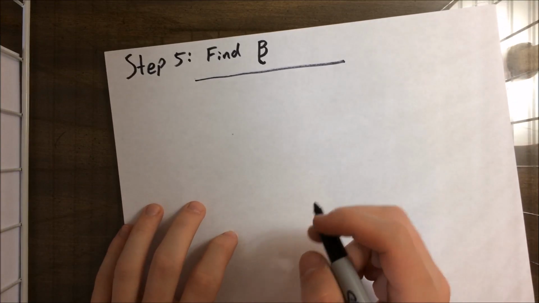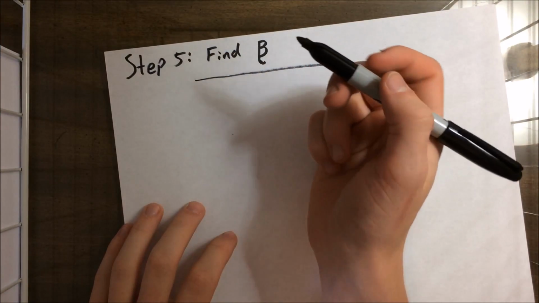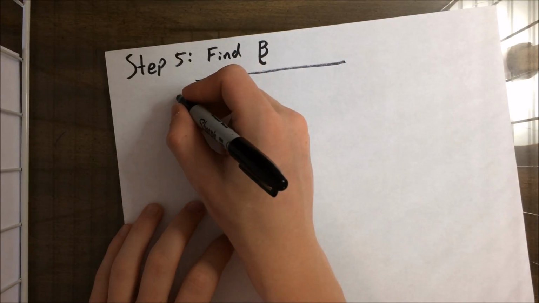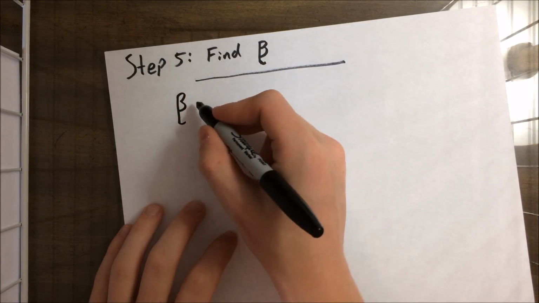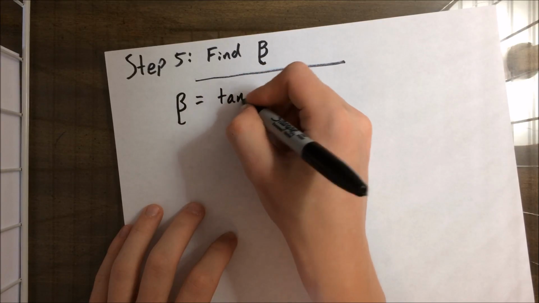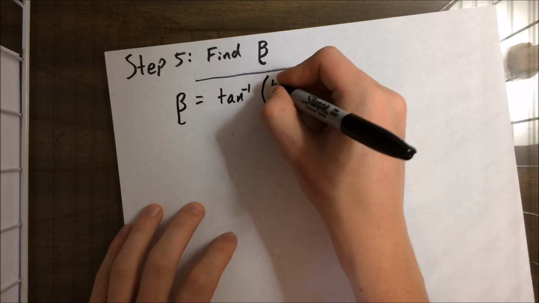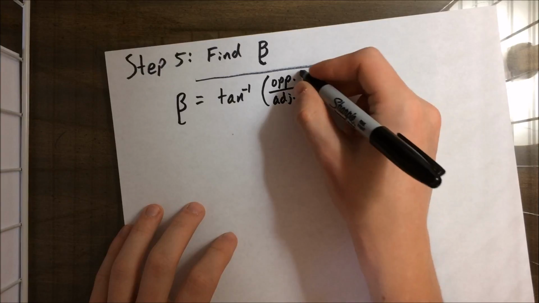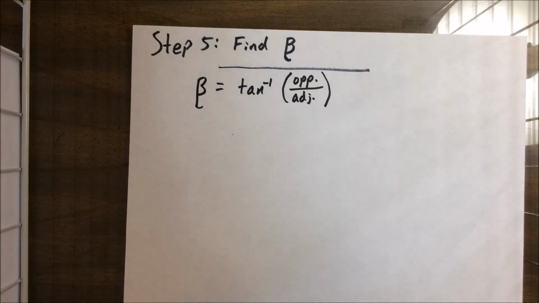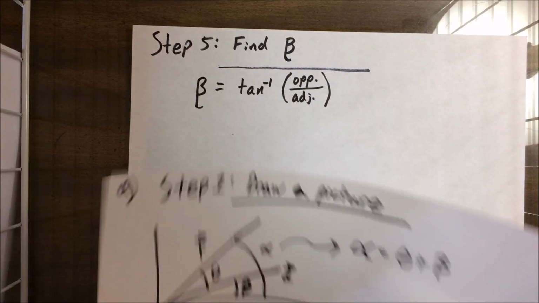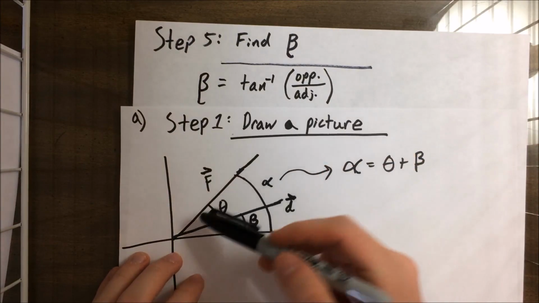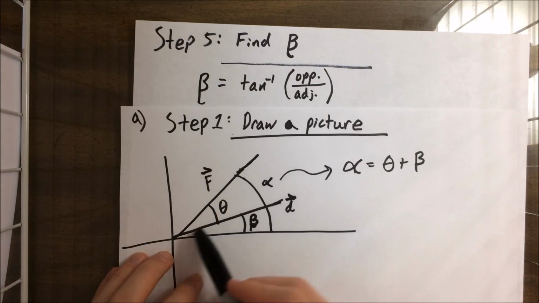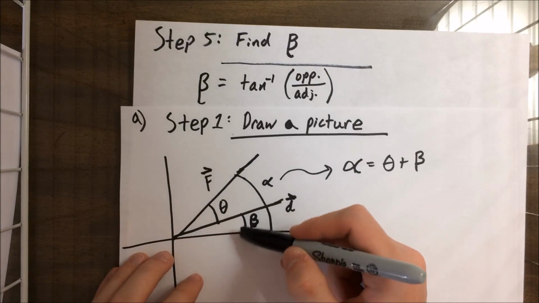So in this step, to find beta, you do the exact same thing as for finding alpha. So beta is equal to tangent -1 of the opposite side over the adjacent side. With beta though, we're going to use d, because if you look here, when we're using alpha, that was all of the angle for f. When we're talking about beta, that's the angle for d.